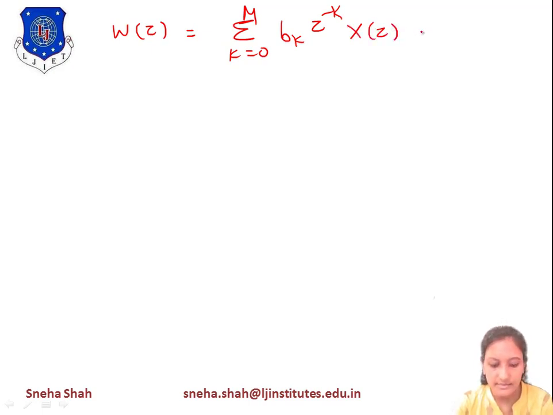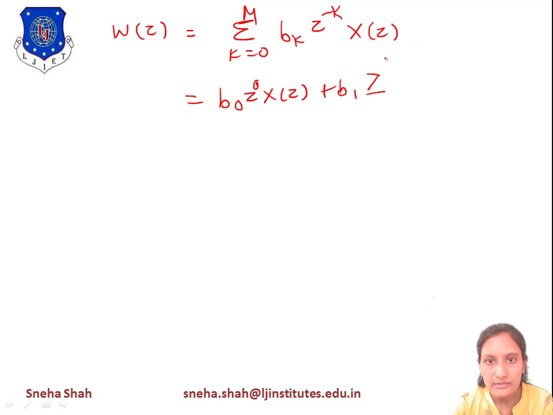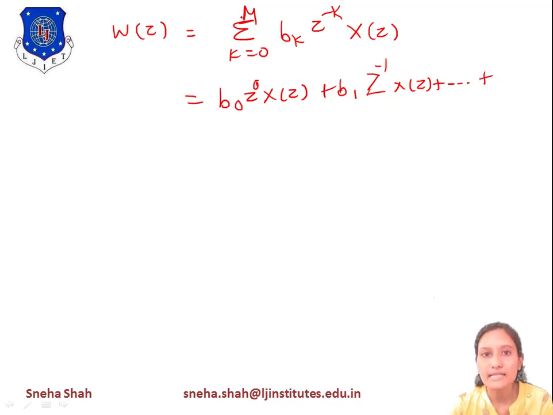The last equation is like this. Now if we put the values of k equals 0, 1, 2, 3 up to M, then this term becomes b0 z raised to 0 X of z plus b1 z raised to minus 1 X of z plus up to the last term, which is M.